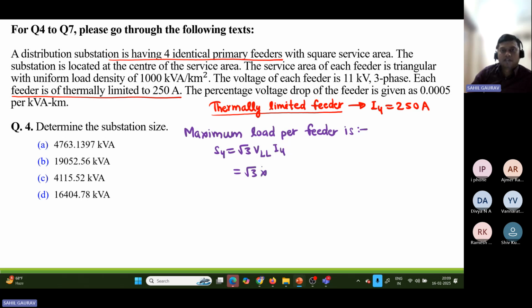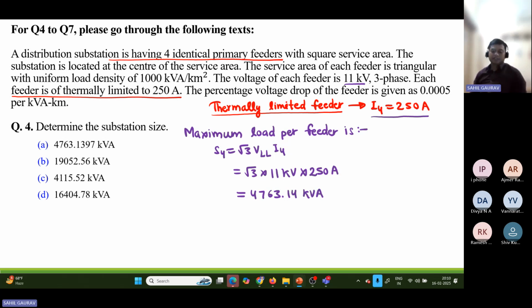Root 3 into line-to-line voltage, given as 11 kV, and I4 is given as 250 ampere. Thermal limit or its ampacity limit is 250 ampere. So S4 comes as 4763.14 kVA. This is the kVA served by one of the feeders.